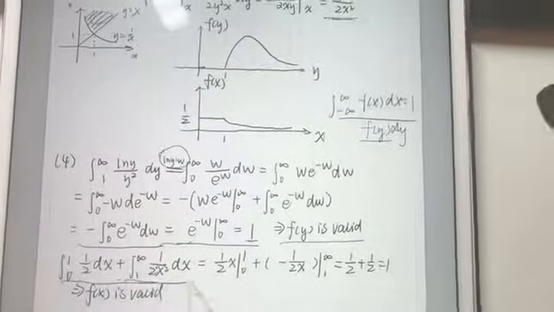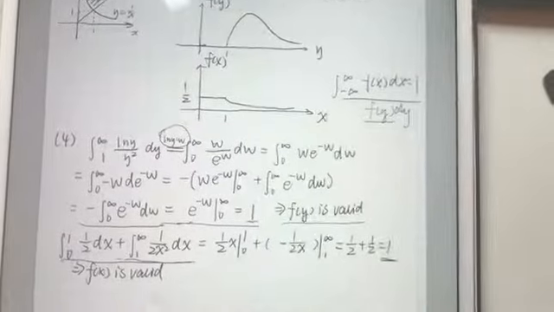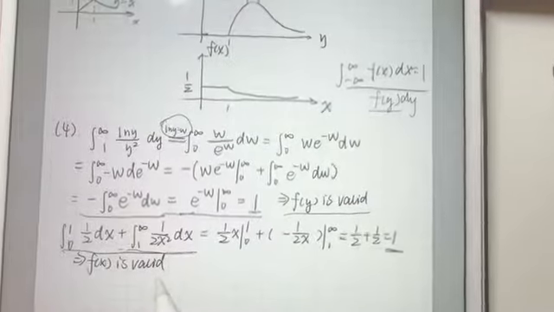Then calculating this expression, we can get the final answer, which is also 1. That means f_X is a valid density function.